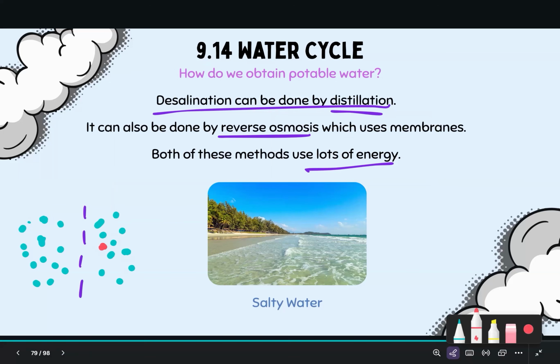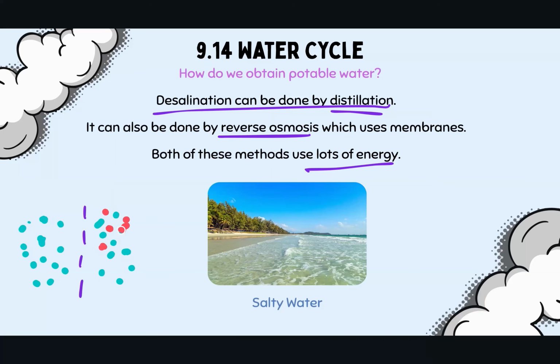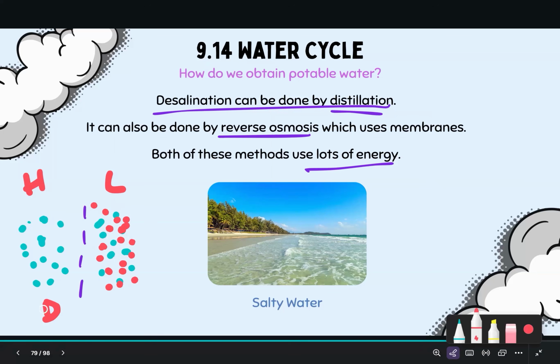And because it has salt, that means there's less water. In reality, what happens is the water attaches to the salt, so it becomes unavailable. And so what we've got here is a high water concentration here and a low water concentration here. In other words, we're dilute here, concentrated here.